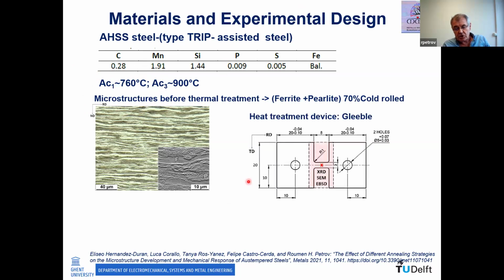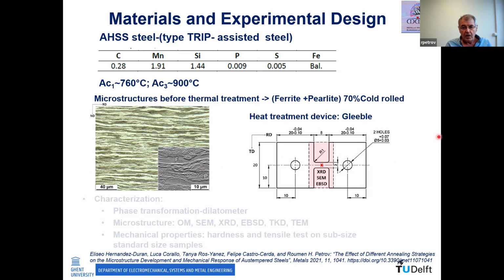Samples were with a specific geometry, which allows a homogeneous heat treatment zone in the center of around 8 millimeters. And then the gauge length here is 8 millimeters for those samples, which makes us think that we could have reasonably comparable results for the properties. Orientation of the sample was with the long axis along the sheet rolling direction.